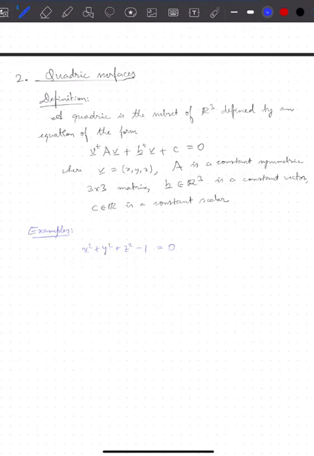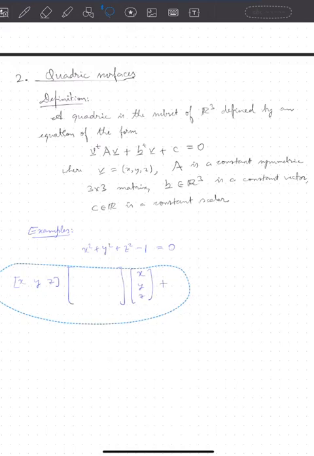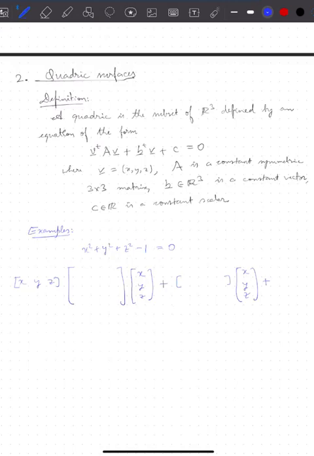You can write it like this, with x, y, z on both sides of the matrix and minus 1 as the constant. There are no linear terms in x, y, z, so the coefficient is 0, or the b vector is just a 0 vector.